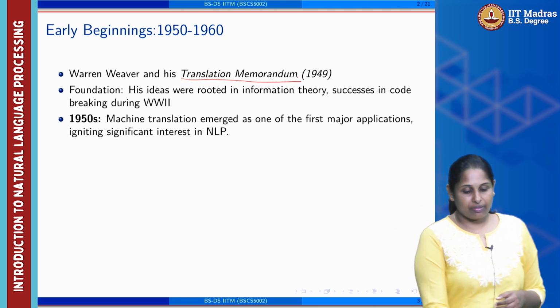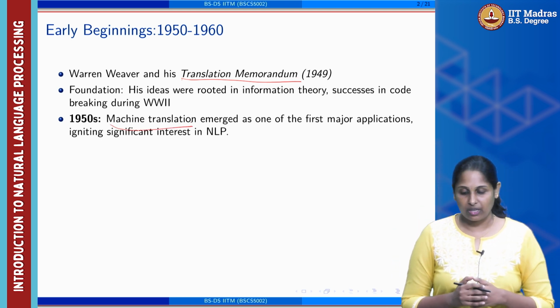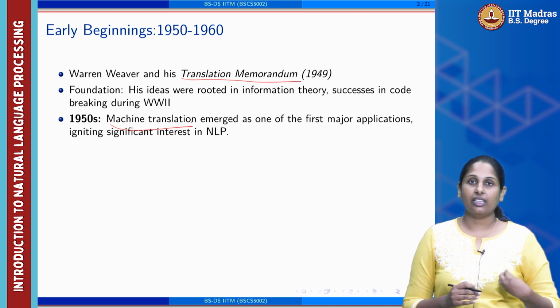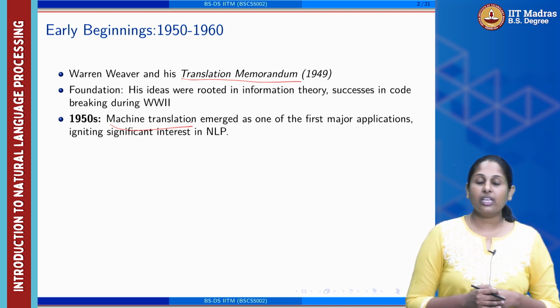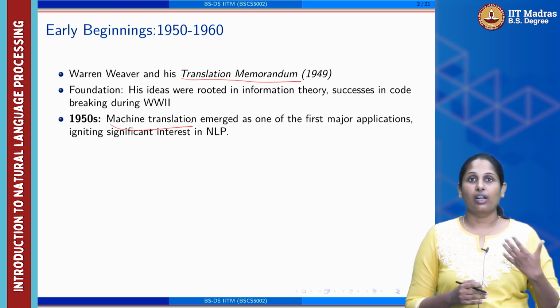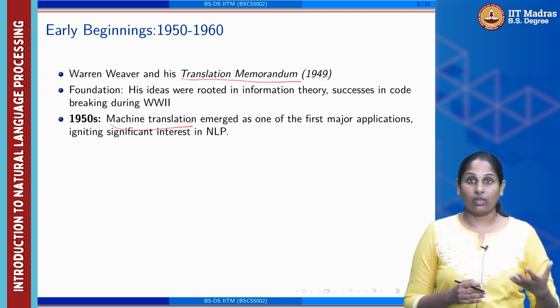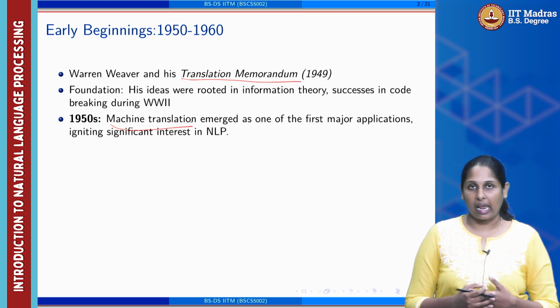In the 1950s, machine translation emerged as one of the first major applications, igniting significant interest in NLP. And that was the period where a lot of research in terms of improvement in technology happened. People started building different kinds of computer systems which go beyond building the calculator.